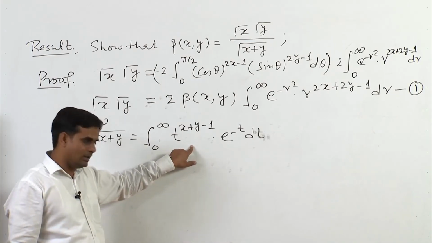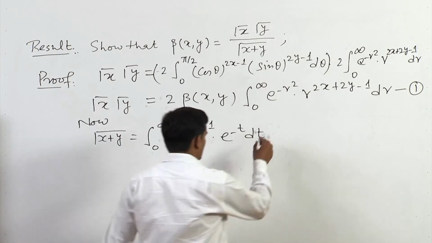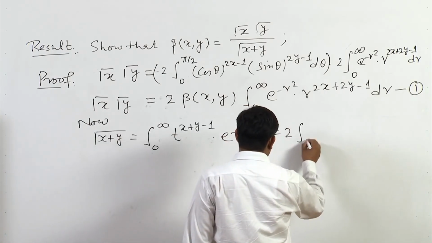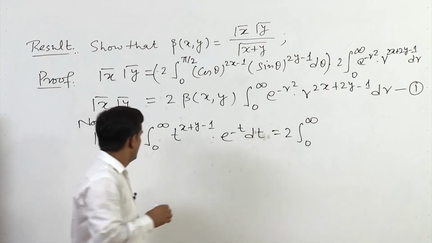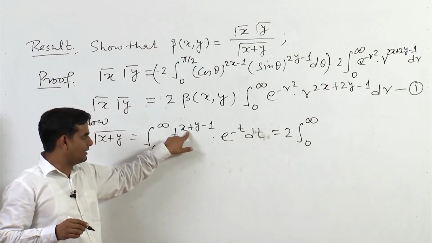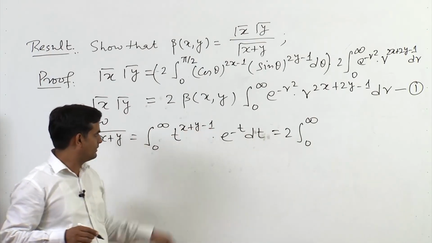So, if I put t equals r square, this will become 2 times the integral from 0 to infinity of r square raised to power x plus y minus 1.